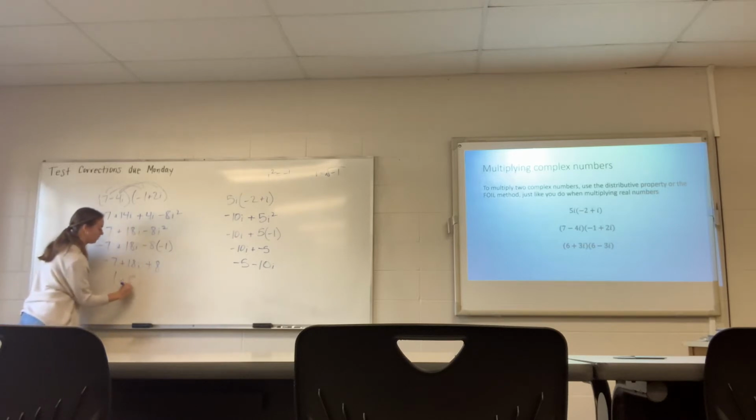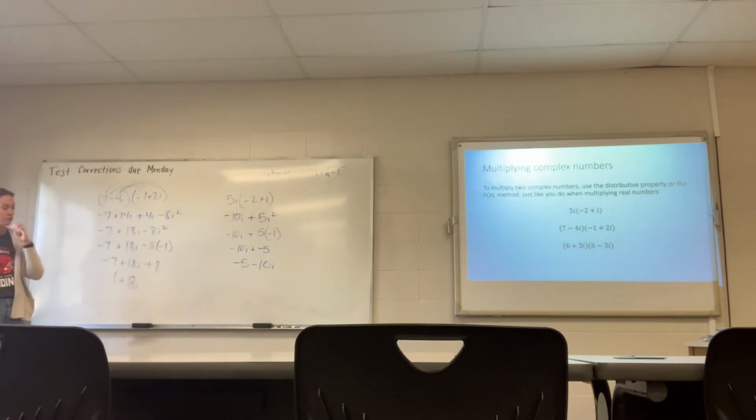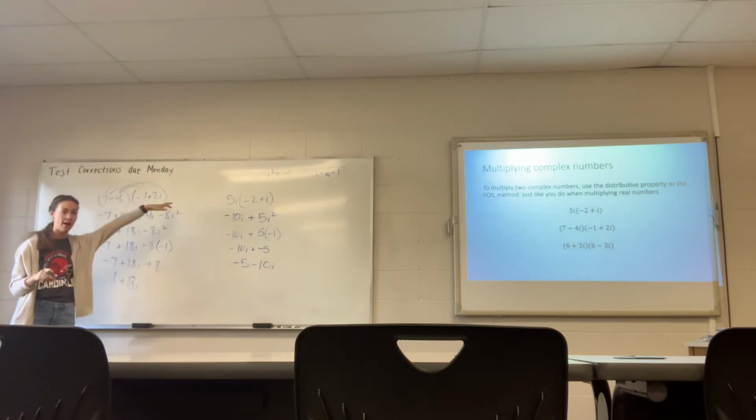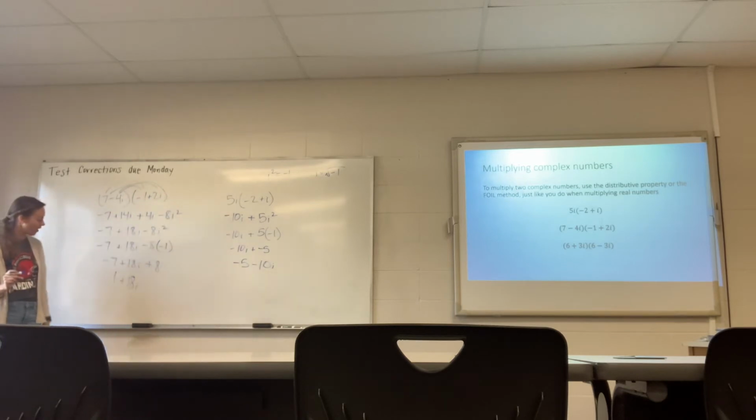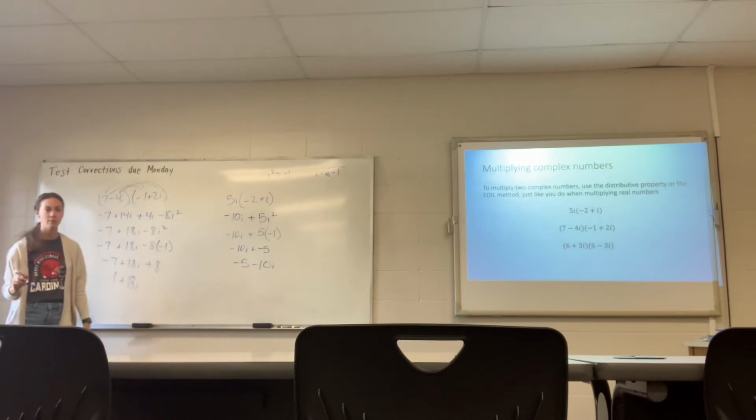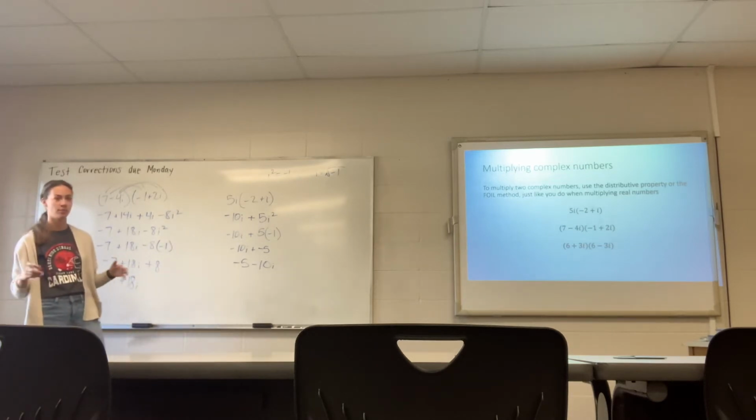Yeah, exactly. I'm gonna have 1 plus 18i. Okay? So even though we had an answer with a number, an i, and an i squared, once I simplify all of it, I still end up with something where it's just the real number and then the imaginary number. So it's just that complex number that I need.